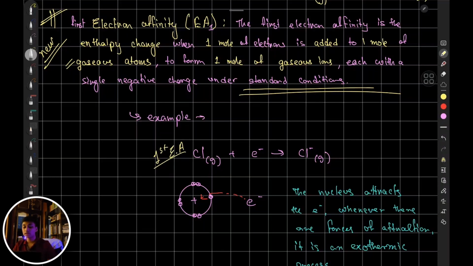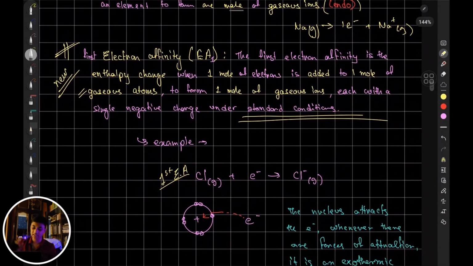If you want to add another electron, you can do that as well, and it will be called the second electron affinity. That's a different conversation entirely, and I'll talk about that. So what could have a second electron affinity? One example is oxygen. It could also be sulfur. So they would have the second electron affinity.